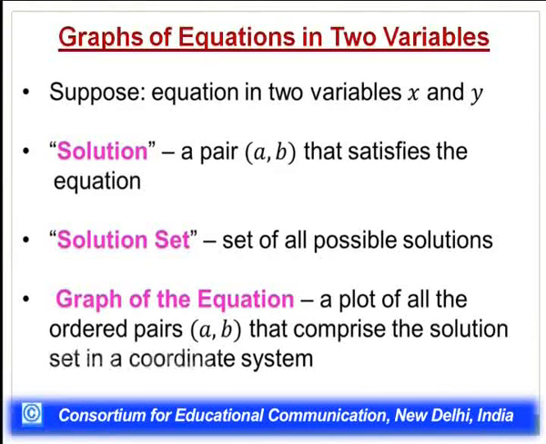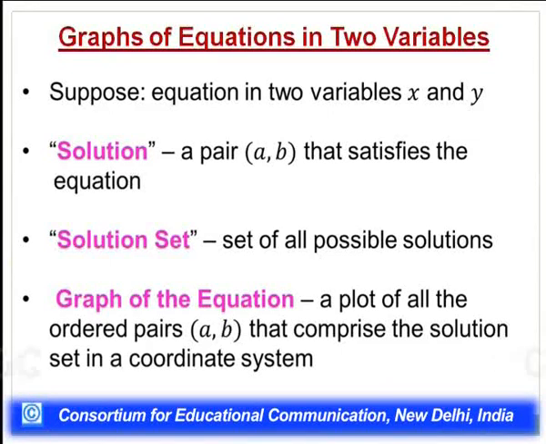Let us now talk a little bit about graphs of equations in two variables. Let us suppose we have an equation in two variables, x and y. And let us suppose we have a pair of numbers a comma b, such that when I substitute x equal to a and y equal to b in the equation, that equation is satisfied.